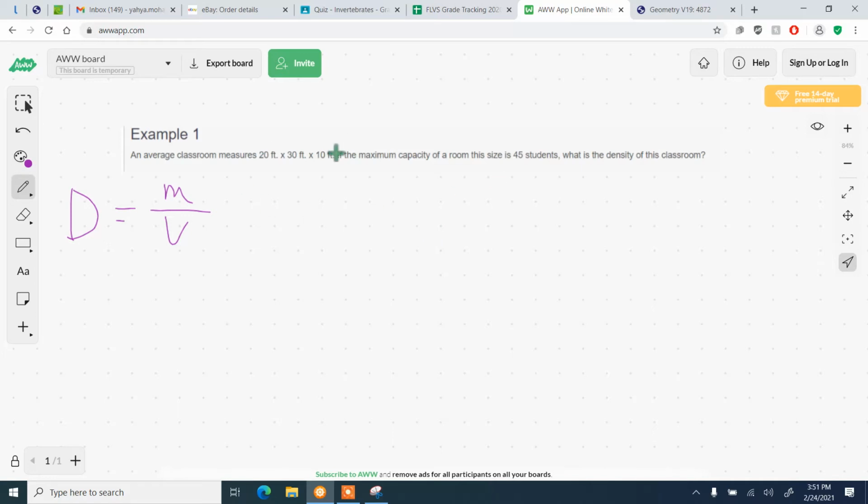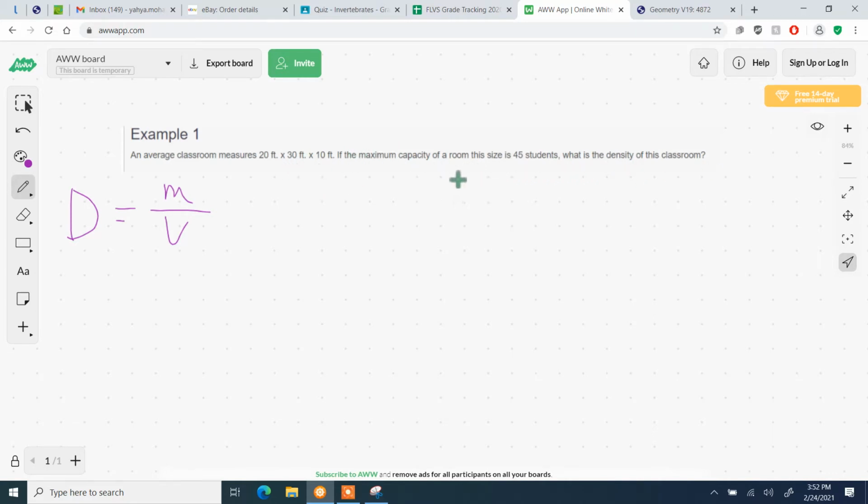Notice in this one we don't have mass divided by volume. I have the number of students, and using these measurements I can find the volume, but I don't have mass. This is not strictly speaking scientific density, but it's another kind of density.